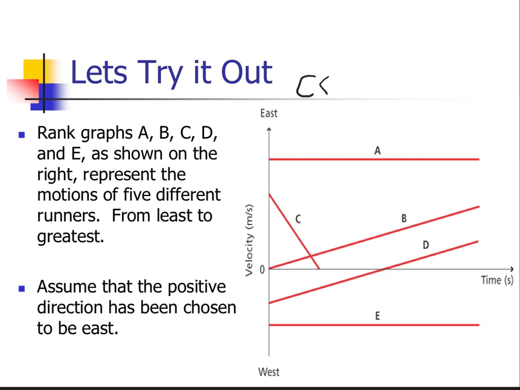After that, who's next? And it's not always maybe as straightforward. Well, if C is negative, is there another negative?